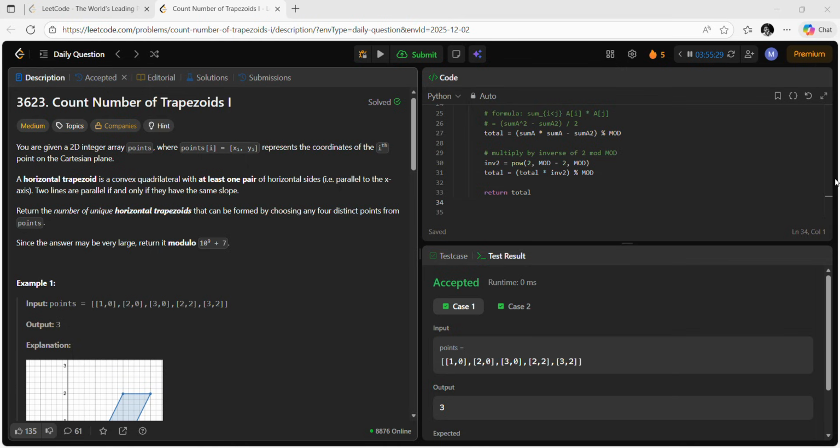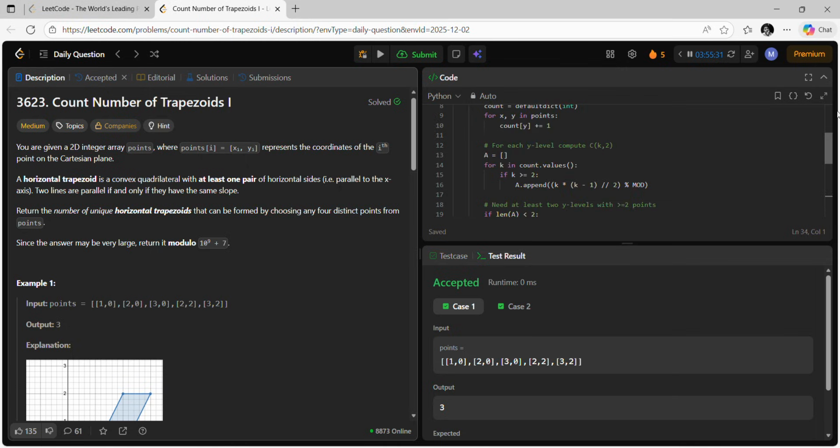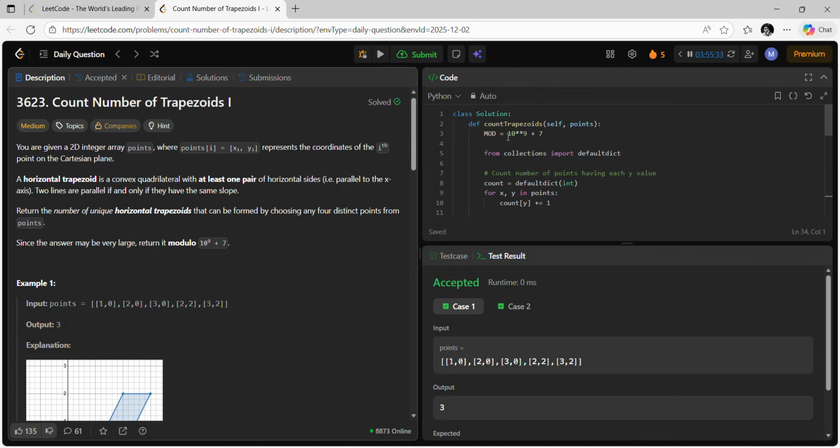On the left side of the display, in line number 1, class Solution, we start by creating a Solution class because competitive platforms expect this structure. In line number 2, this is the function name the judge is expecting. It takes points as input.